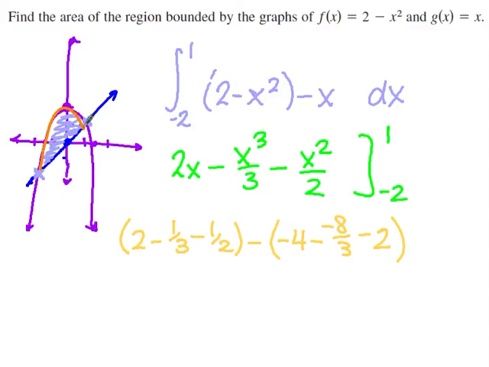You're looking at this specific area right here. So 2 minus 1/3 minus 1/2 gives you 1 5/6, or 1 and 1/6, so 7/6 minus, what's that going to give you? -10/3?